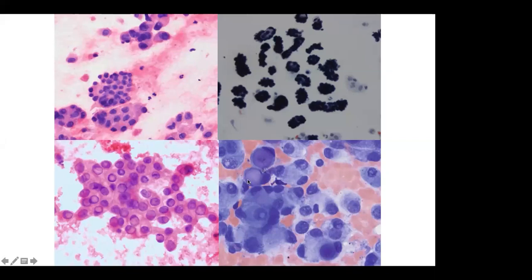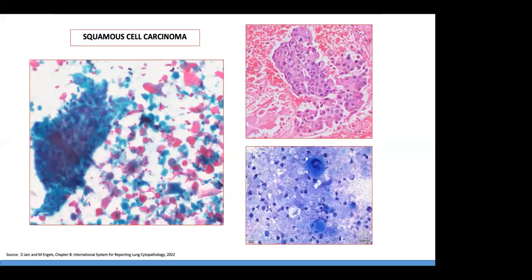Intracytoplasmic mucus and micropapillary. So different subtypes. The squamous cell carcinoma, this is the classical keratinized type. So easy to recognize in Papanicolaou stain, in Giemsa stain, or in cell blocks.